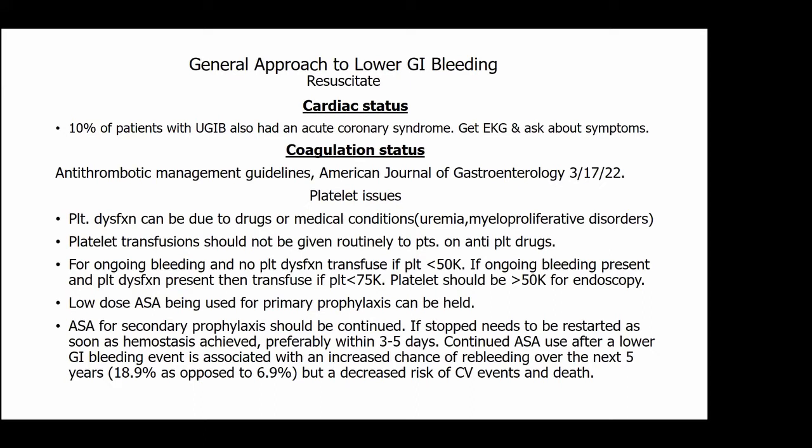Continued use of aspirin after a lower GI bleed is associated with an increased chance of rebleeding, unfortunately, but it's also associated with a decreased risk of cardiovascular events and death. So we can generally deal with a rebleed, but it's much more difficult to deal with a stroke or an MI. So the heart or brain always wins over the GI tract.